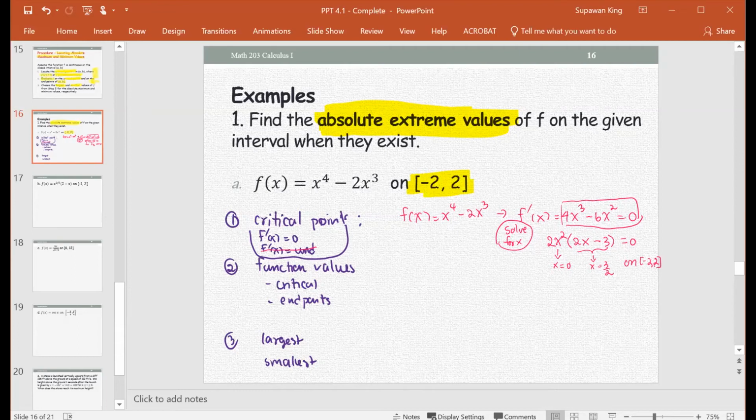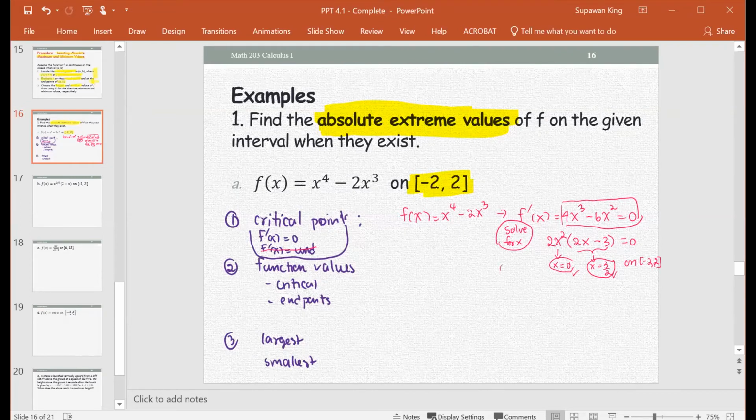Because we look for the interior point, 0 is in, 3 over 2 is 1.5, yes, in. So we keep both of them. Because we're looking for the critical point as an interior, that means nothing below negative 2, nothing above 2. So we're going to use these two numbers as the critical numbers. And we got two of them.